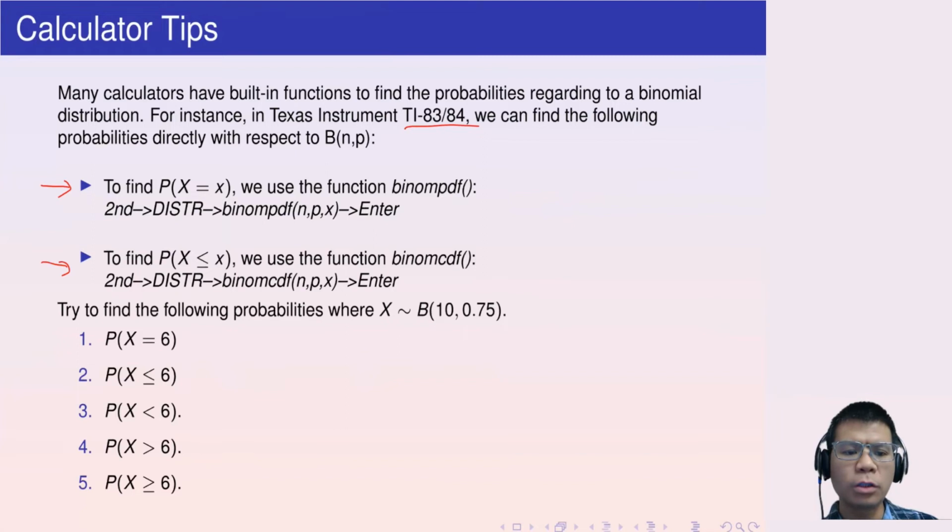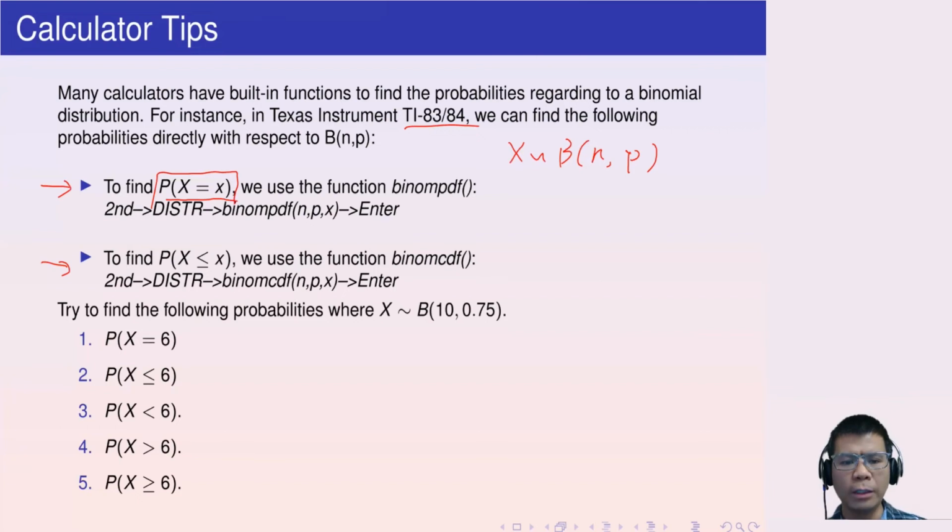One of them is to find the probability for X equals x, where capital X has a binomial distribution with parameters n and p. To find the probability for X equals a given value, we go to distr, go to binompdf, be careful, binompdf, input n, p, x and enter.